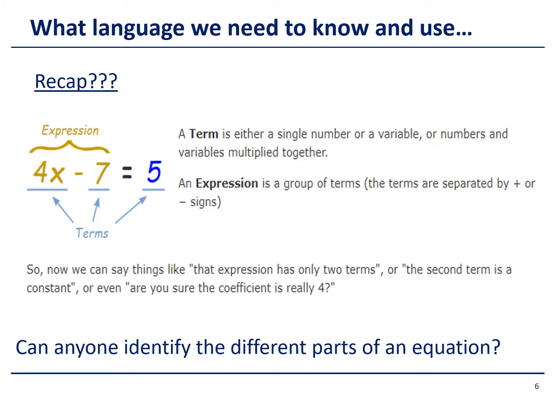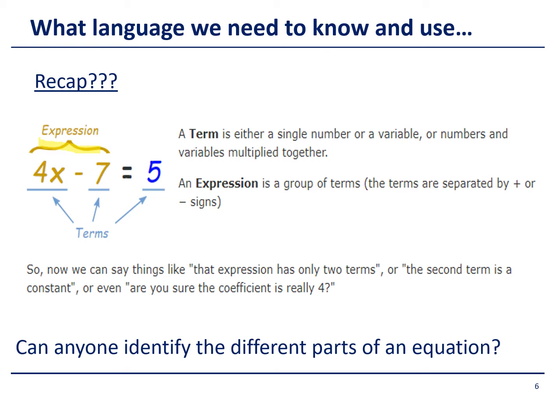So we have the same sort of slide we used in the first lesson to recap, and we also need to remember that we want to be becoming more familiar with the language and using it more often. So recapping the term and expression. We should all be able to remember that an expression under that little umbrella consists of some terms and the parts of the equations which we labelled last lesson.